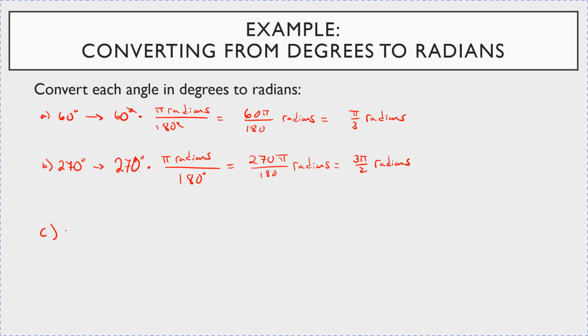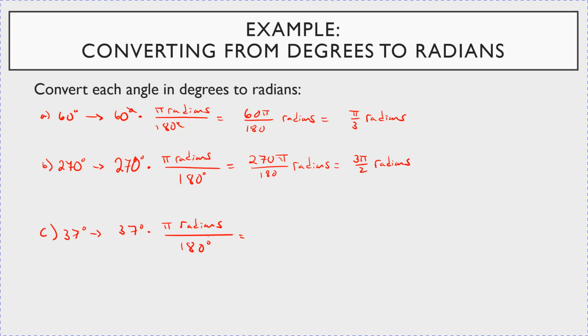And look, you can even do something like this. Okay, let's take a 37-degree angle. So notice how these worked out nice and neat. But if it doesn't, that's okay. So just going to take 37 degrees times pi radians over 180 degrees. So these are going to cancel, right? Degrees, degrees.